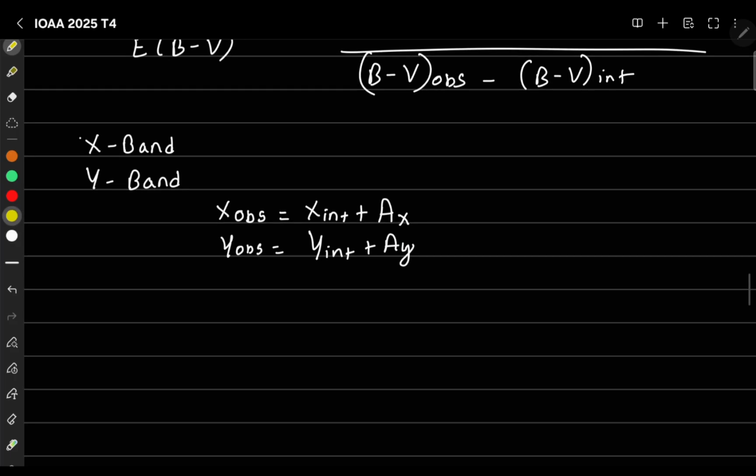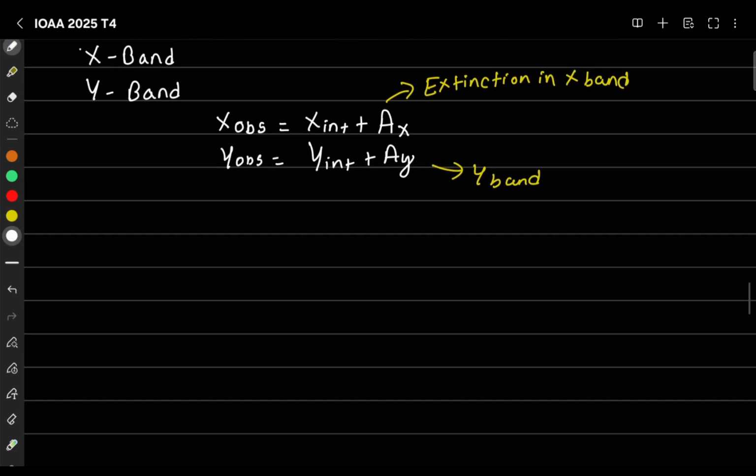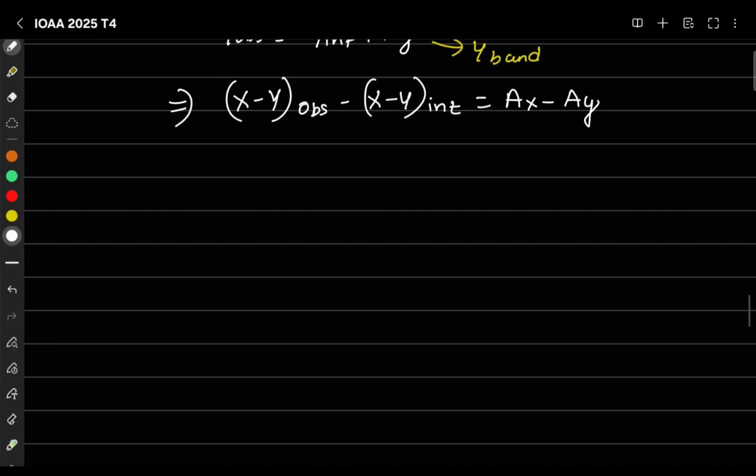So (x minus y) observed minus (x minus y) intrinsic gives me A_x minus A_y.